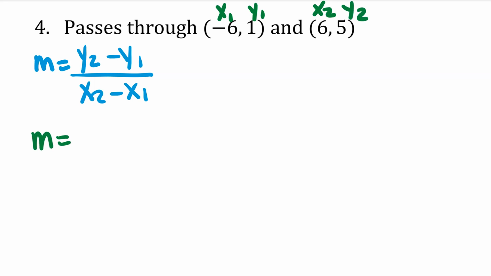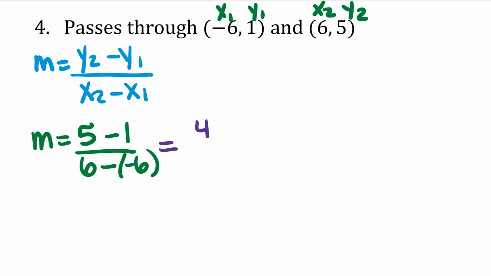If I find my slope, y2 is 5 minus y1 is 1 over x2 is 6 minus x1 is -6. Make sure you carry that negative over. 5 minus 1 is 4 over, 2 negatives in a row make a positive, so 6 plus 6, which is 12.